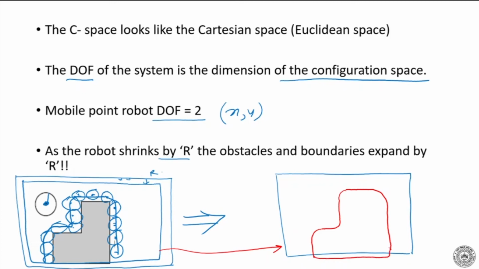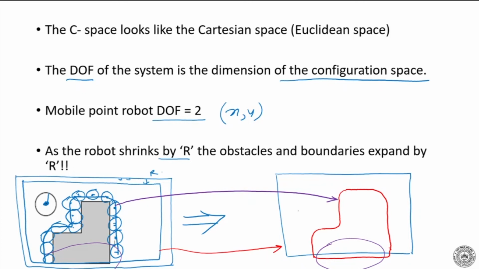So the obstacle space has now become bigger. That's my obstacle space. Now this is interesting. Why? If you look here, it was not clear earlier if the robot could go through that space or not. But here it is very clear that there is no space here. The obstacle has taken away all the space. That means the robot cannot go from the bottom now.